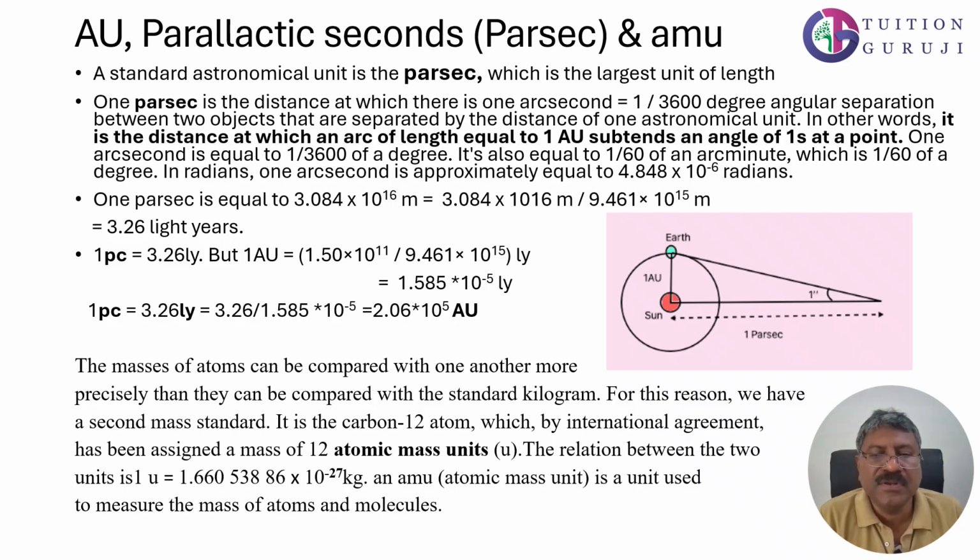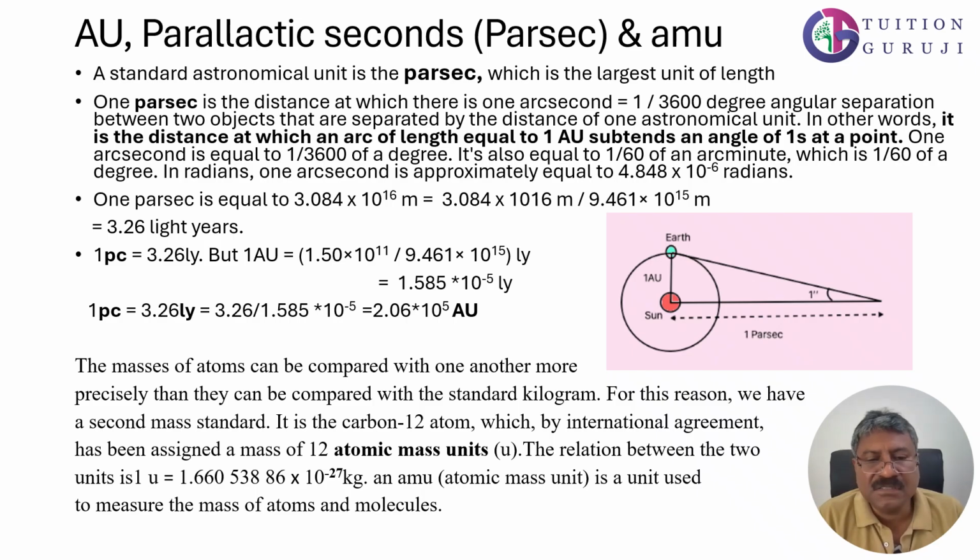That means 3.26 light years. So when we convert 1 parsec into light years, it will be 3.26 light years.